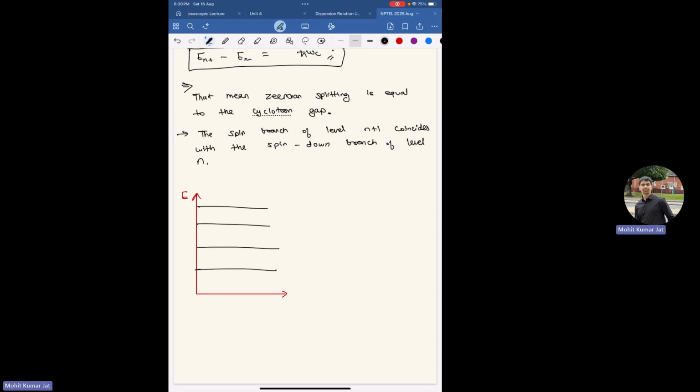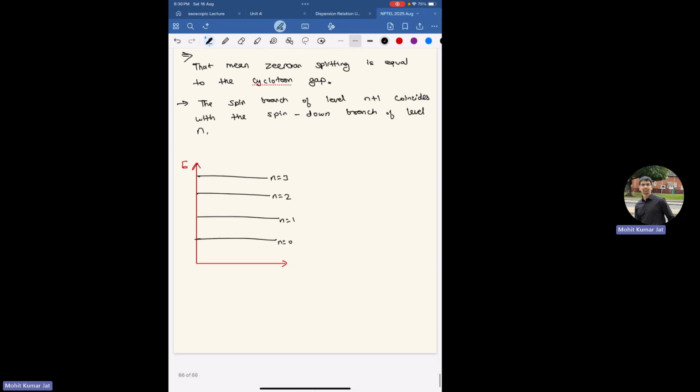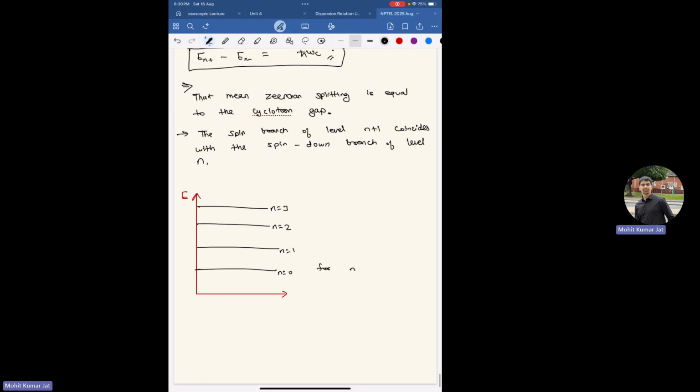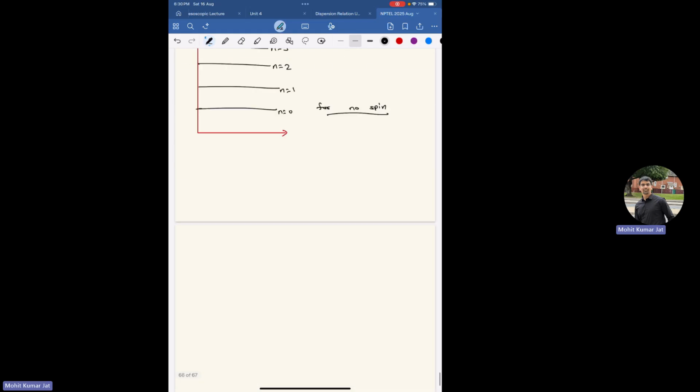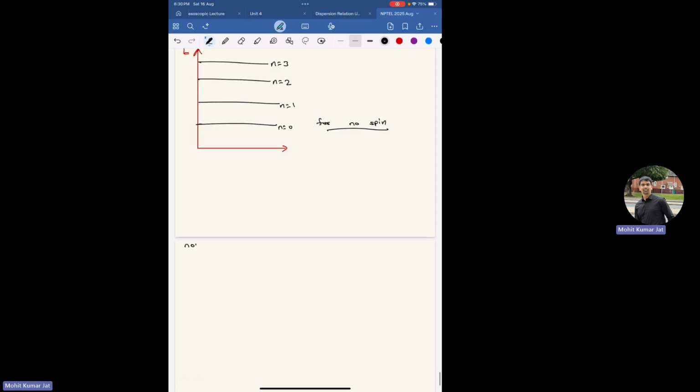The spins were not there, so n equals 0, n equals 1, n equals 2, n equals 3, with no spin considered. Now for the spin, non-degenerate system. Non-degenerate means the energy of the spin up and spin down is different. So what you will get.